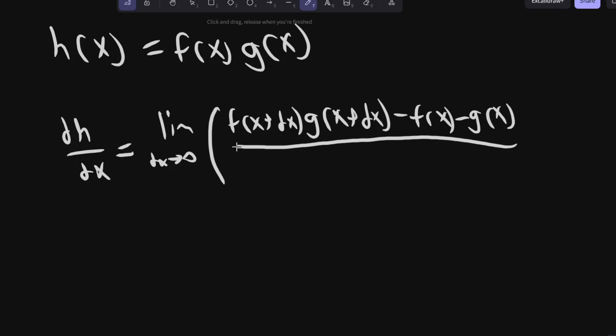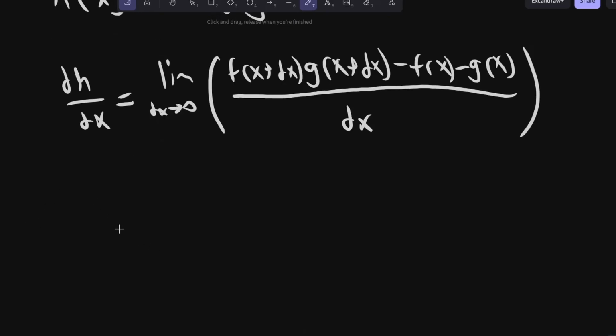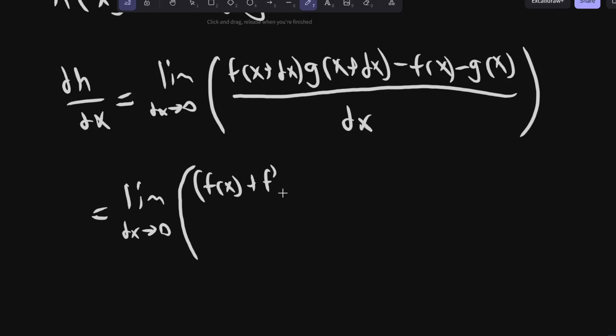Okay? This seems hard to deal with, but remember the formula we just derived. We can just plug this in to f and g, and we get the limit as dx approaches 0 of f of x plus f prime of x dx, g of x plus g prime of x dx.